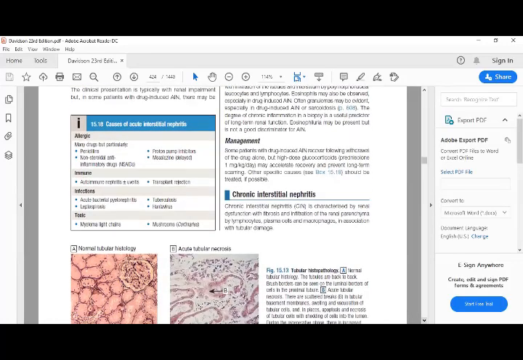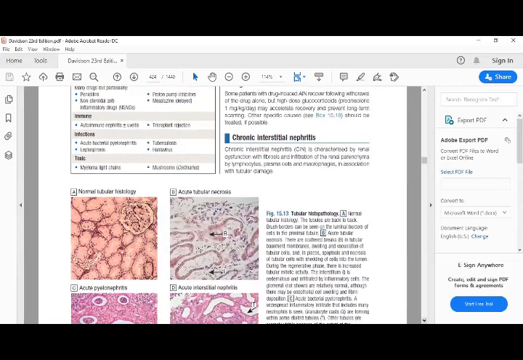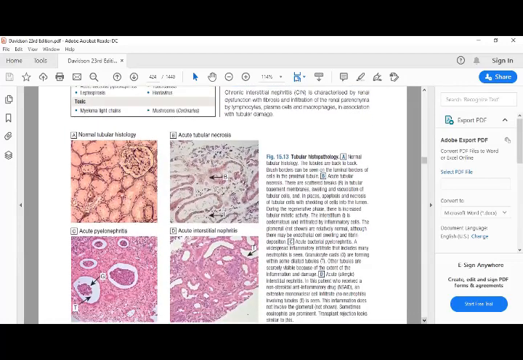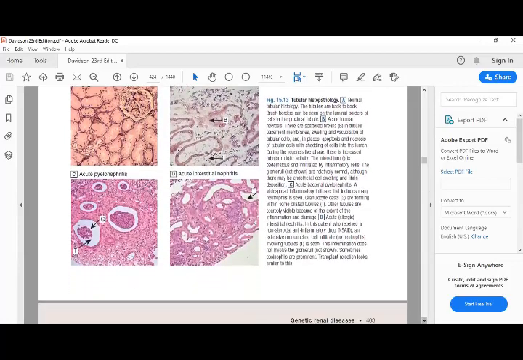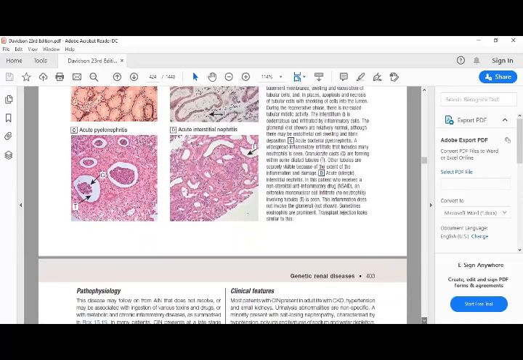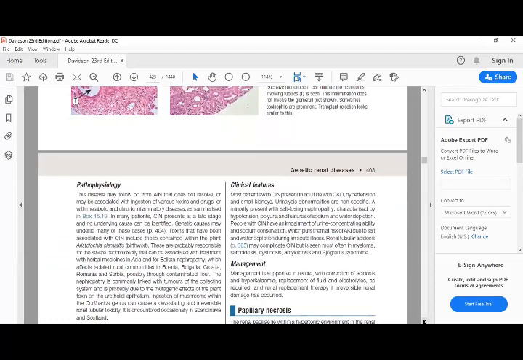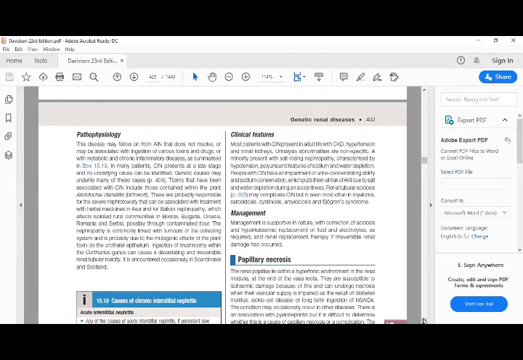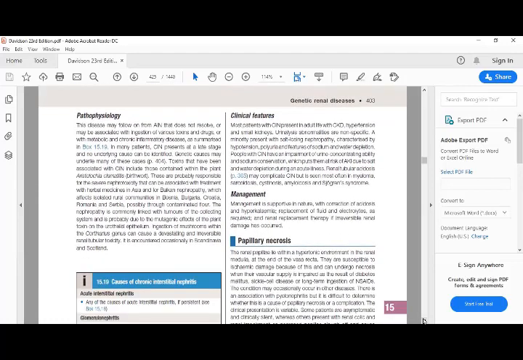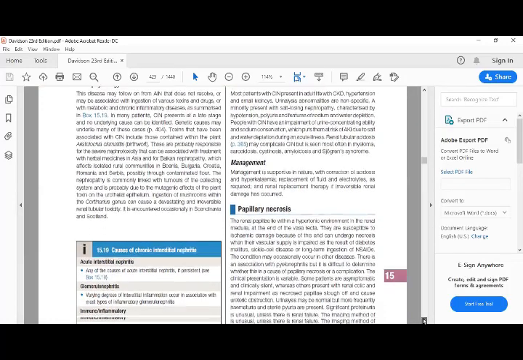The causes of chronic interstitial nephritis include the acute interstitial nephritis causes, if they are persistent, plus glomerulonephritis.